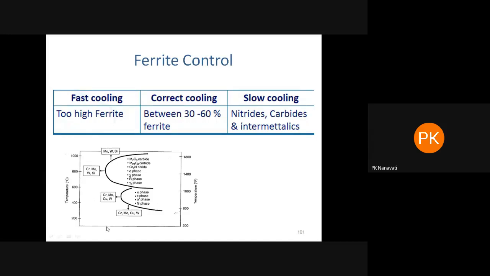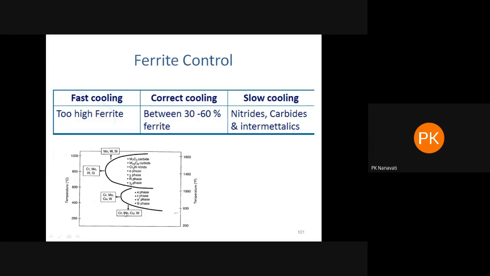You see this temperature versus composition curve. You have to avoid this cooling range, right? So you have to avoid this nose, and your composition should cool through this, right? It should not have a fast cooling, it should not have a slow cooling, but it should have correct cooling.